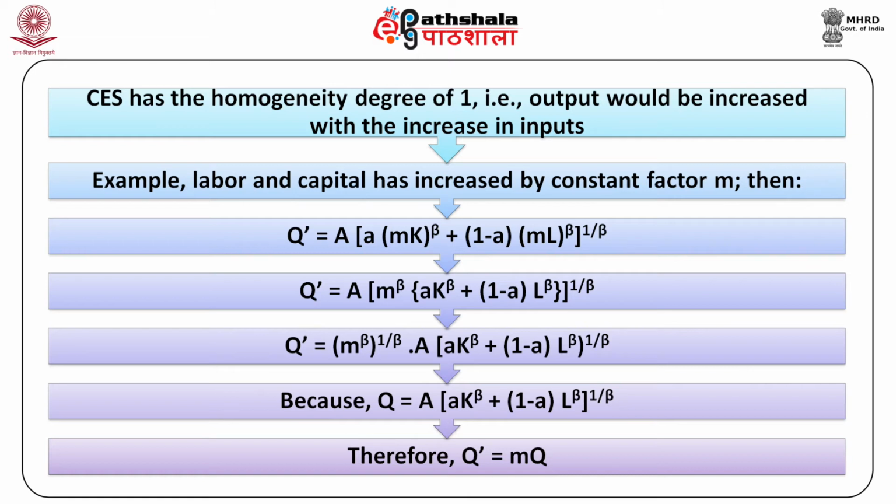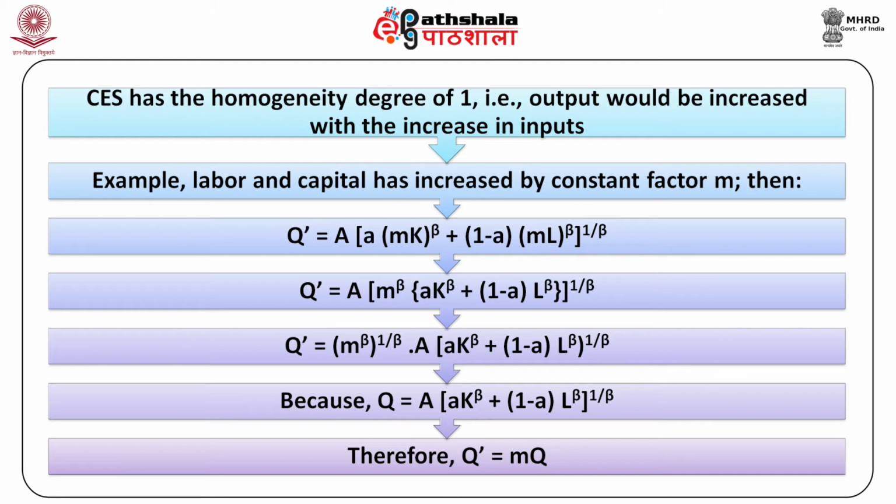Q dash is equal to m to the power beta to the power 1 by beta into A [a K to the power beta plus (1 minus a) into L to the power beta] to the power 1 by beta, because Q is equal to A [a into K to the power beta plus (1 minus a) L to the power beta] to the power 1 by beta.